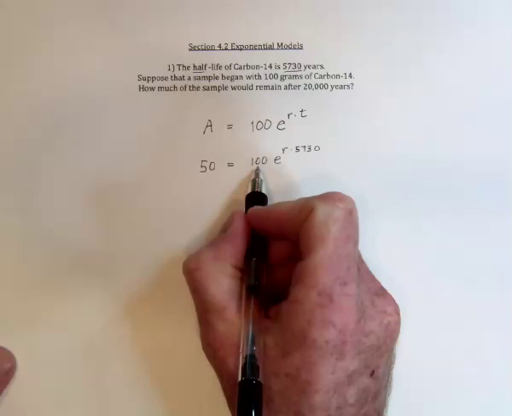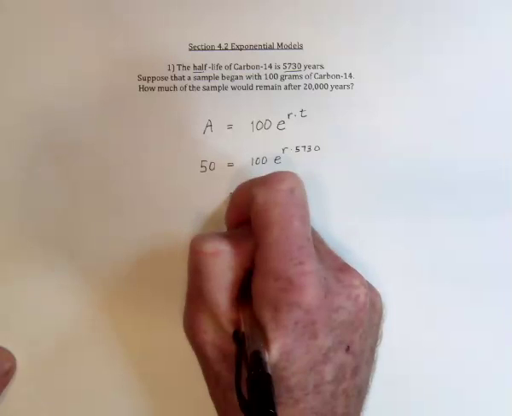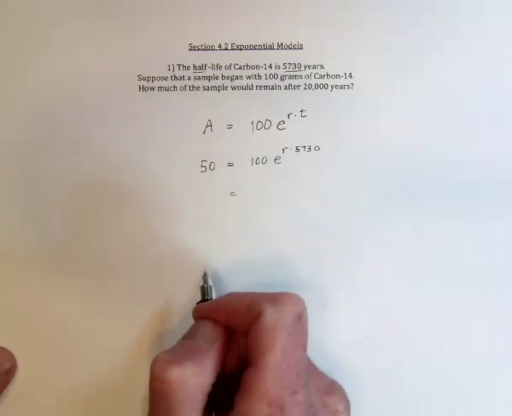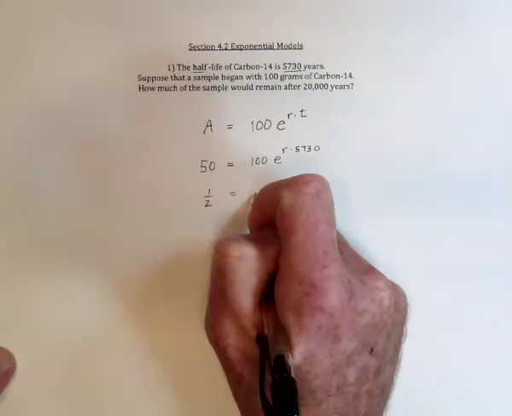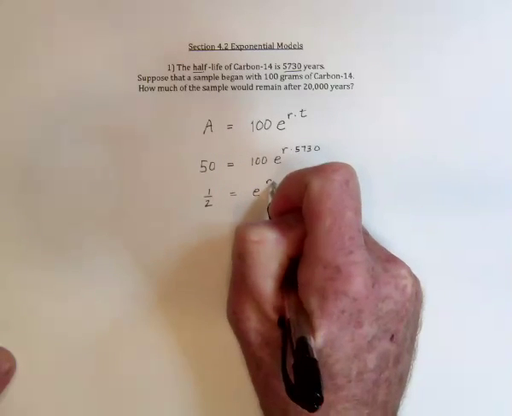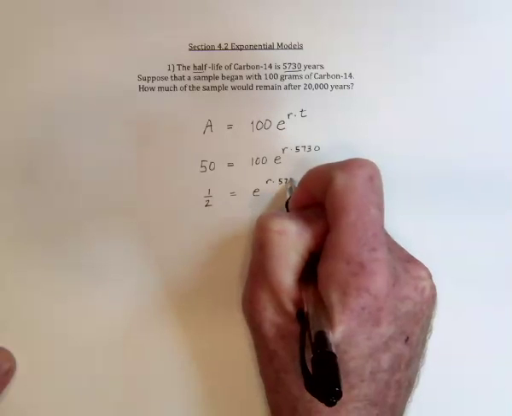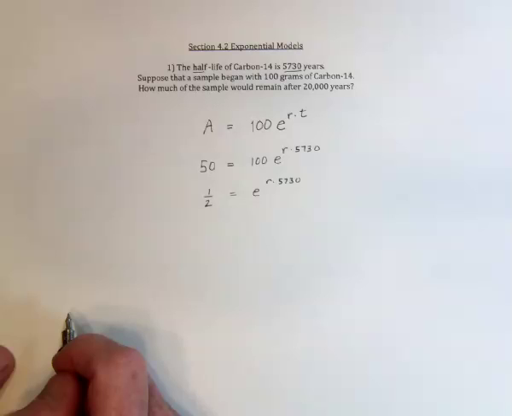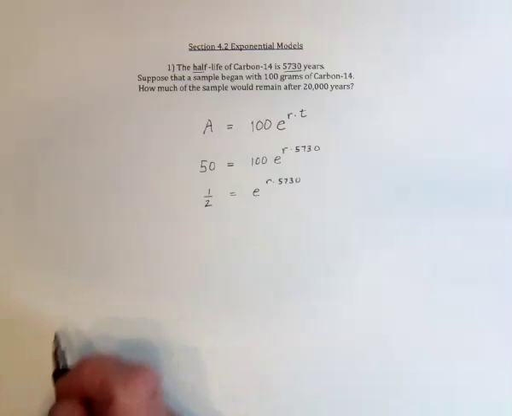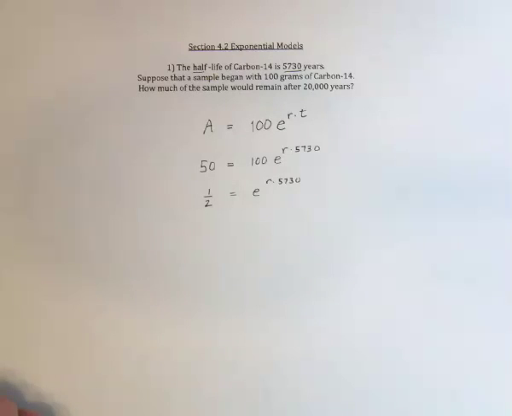The first thing to do is divide both sides by 100. So that's going to be 50 divided by 100, or if you reduce it, 1/2. And now to solve for r, we need to eliminate the e.